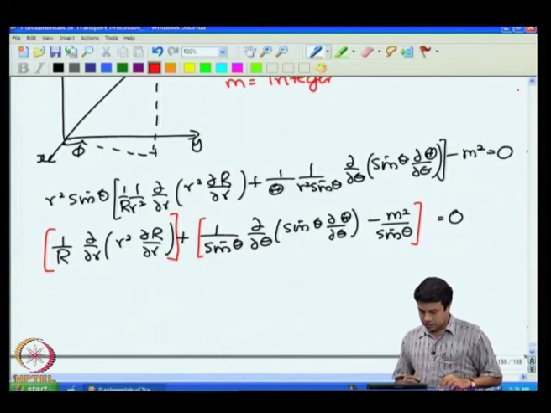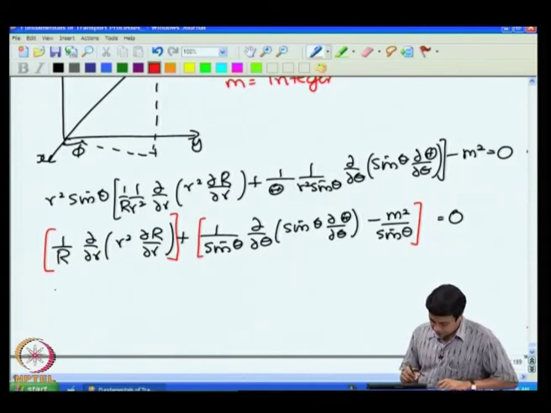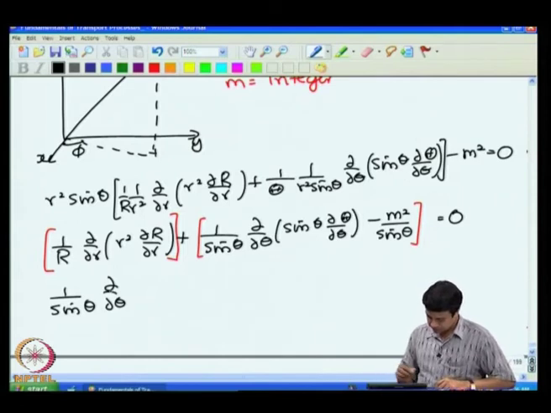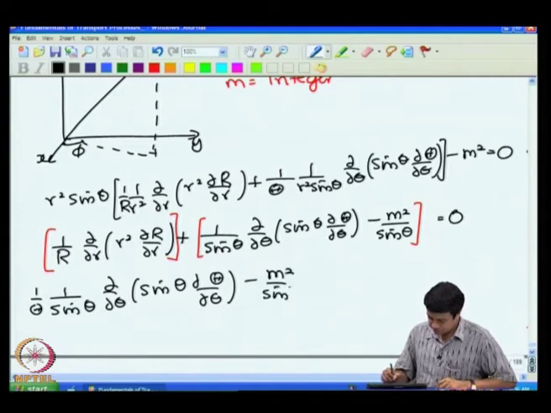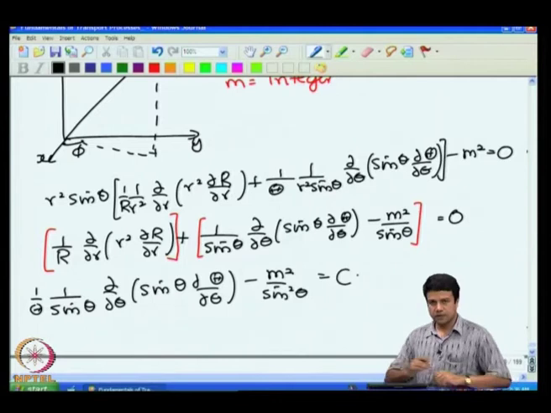So, I should have 1 over sin theta d by d theta, let me see, is equal to some constant c.